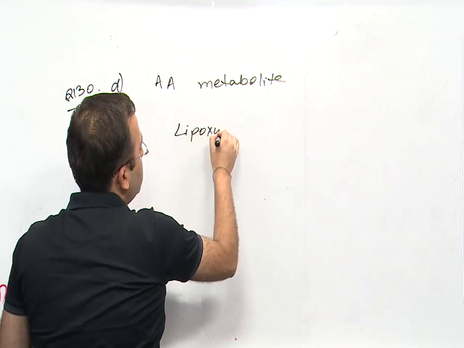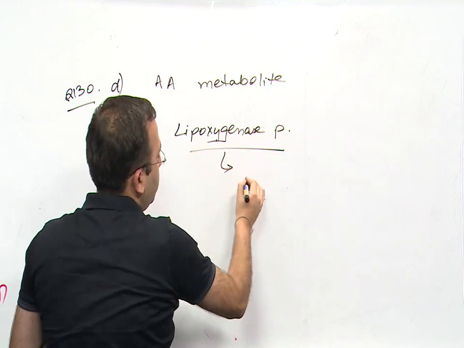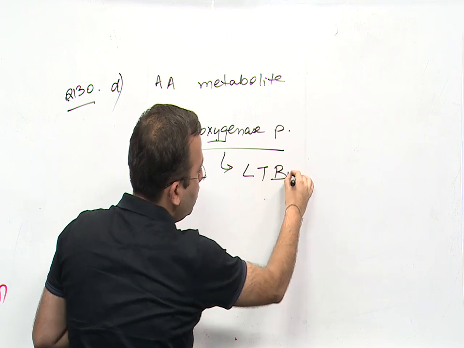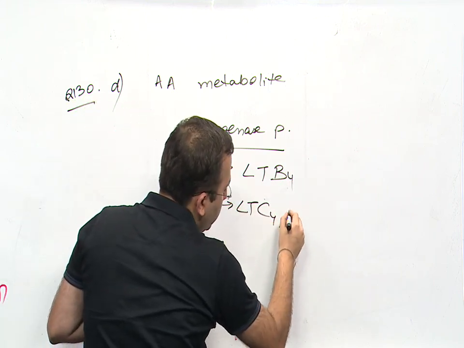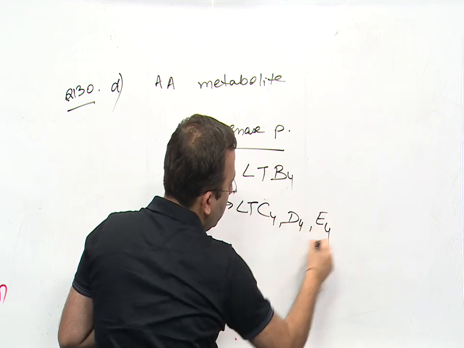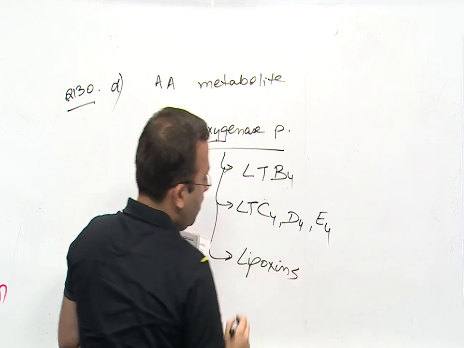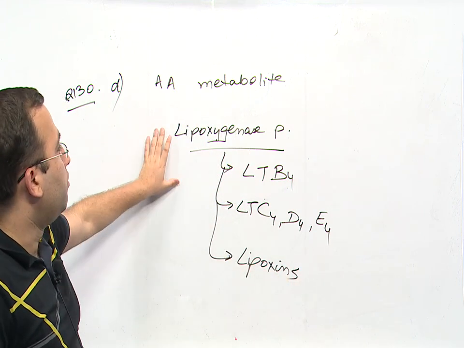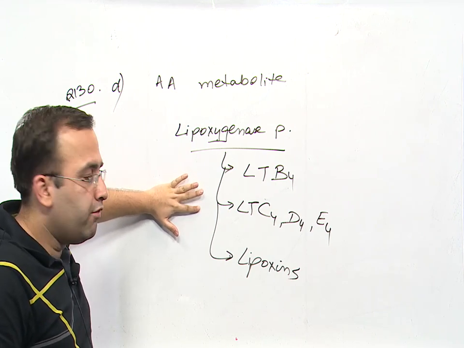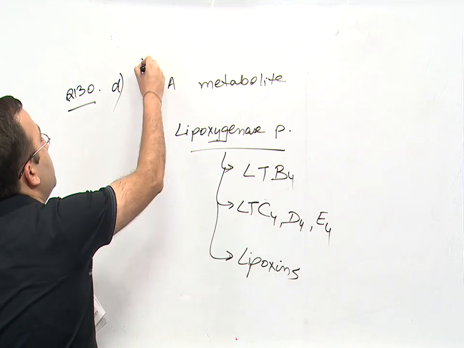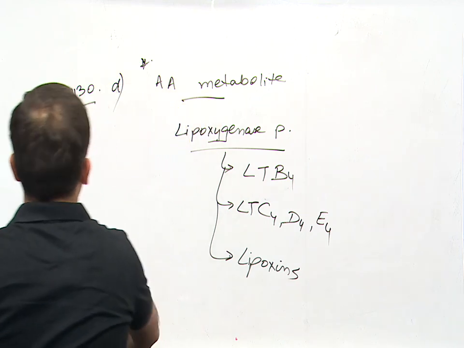The lipoxygenase pathway produces leukotriene B4, leukotriene C4, D4, E4 and lipoxins. So lipoxins belong to arachidonic acid metabolites.